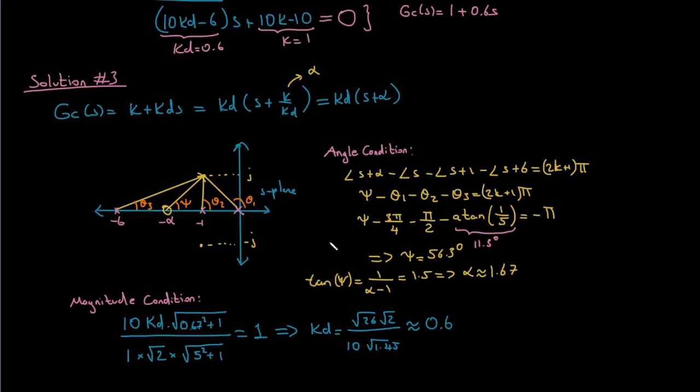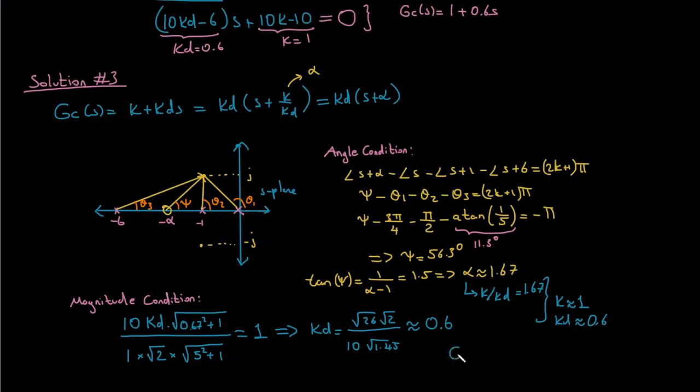Remember that we defined alpha as K over KD, so let me write it over here. So K over KD is equal to 1.67, and we found KD to be equal to 0.6. So if you combine those together, then K is approximately 1 and KD is approximately equal to 0.6.